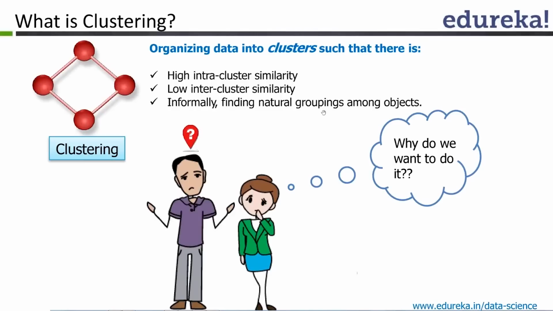So essentially what this gives you is the natural groupings that are present in the data. And why do we want to do it? It's essentially to understand the underlying structure. If I am a supermarket, I have a bunch of transactions made by my customers. By clustering those transactions, I can group different segments of my customers.